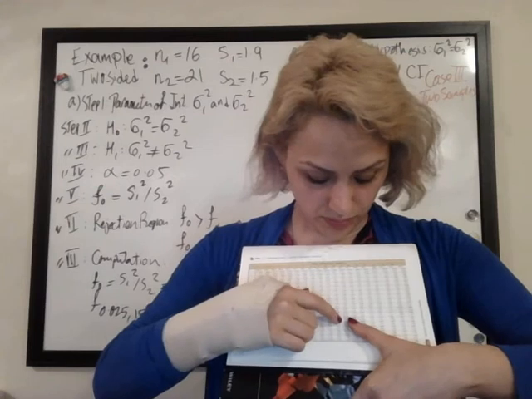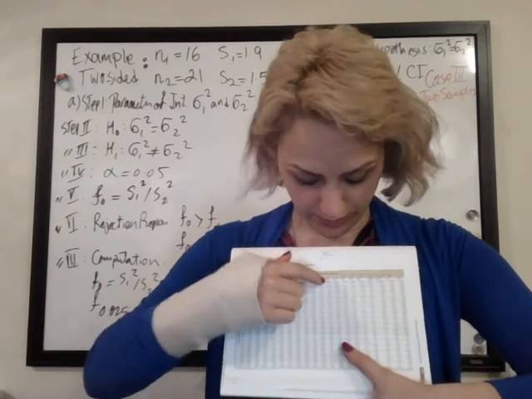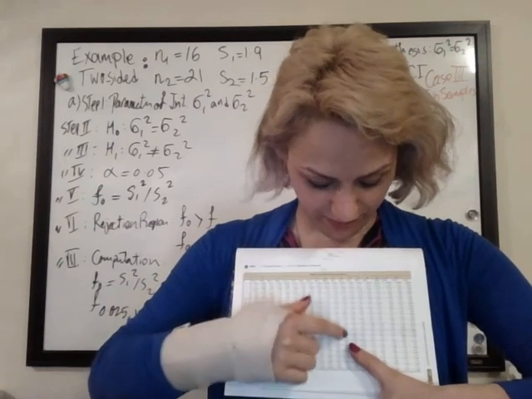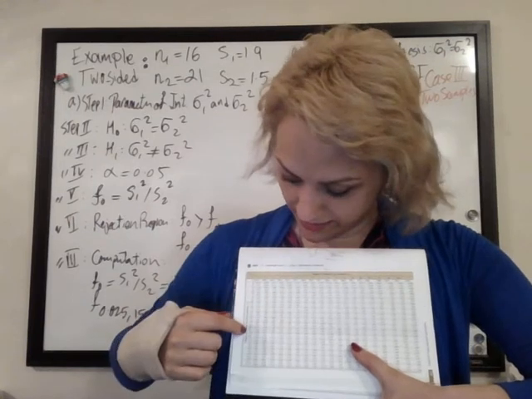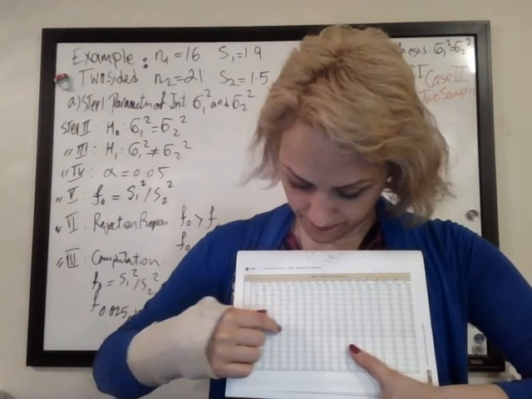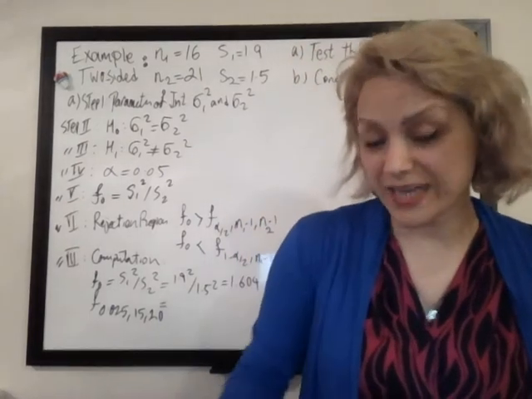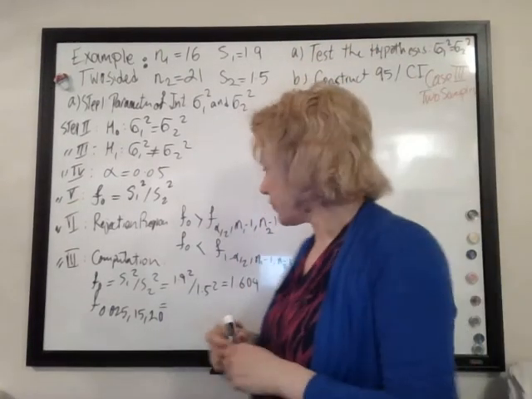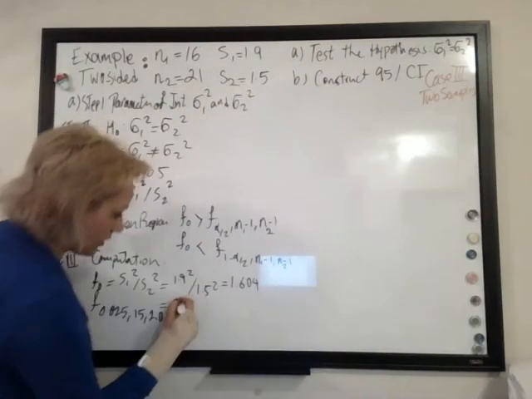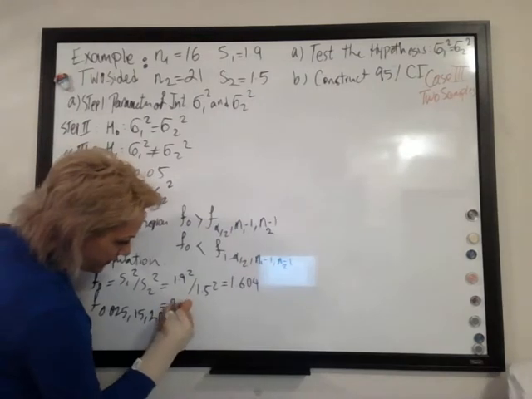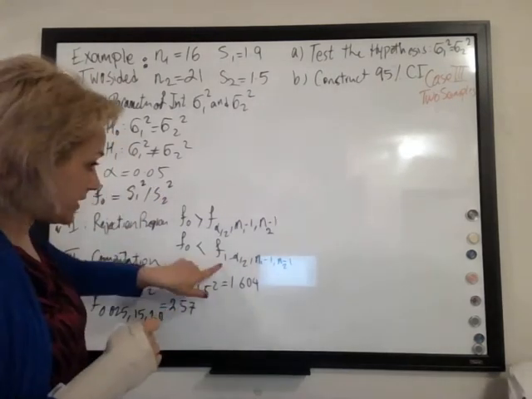It's 2. I lost it, let me do that again. So it's going to be 15, and then 20, 2.57. As I said, this is the simple one. So I would write down 2.57.